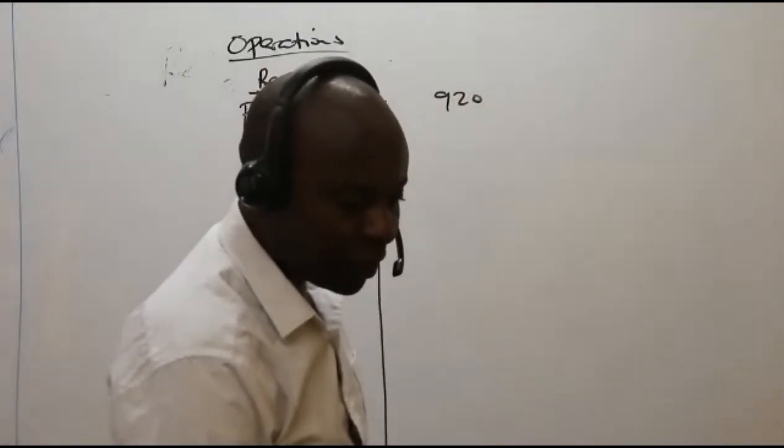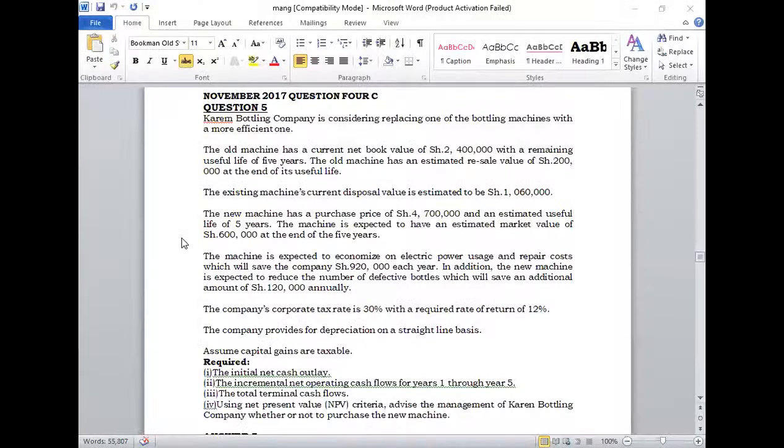So ladies and gentlemen, after that, what else? In addition, the new machine is expected to reduce the number of defective bottles, which will save an additional amount of 120,000. So 120.